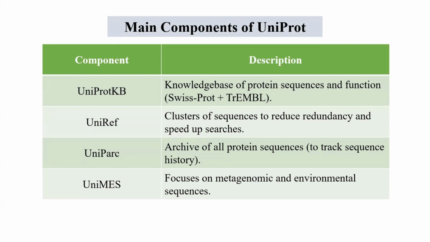UniRef is the cluster of sequences to reduce the redundancy of the proteins and speed up our searches. The UniParc is the archive of all the protein sequences, used to track the sequence history. And UniMES, which is focusing on metagenomics and environmental sequences.